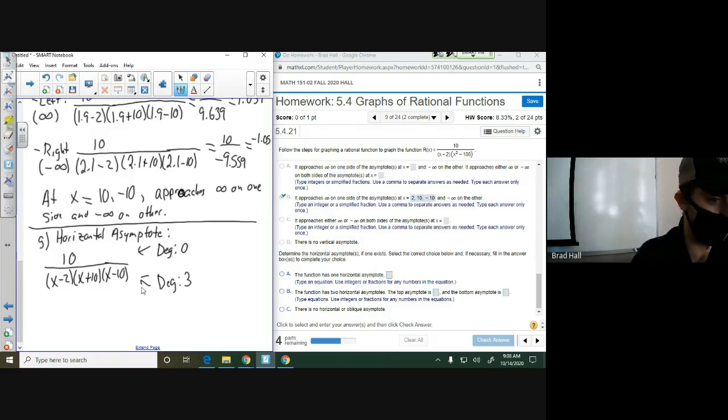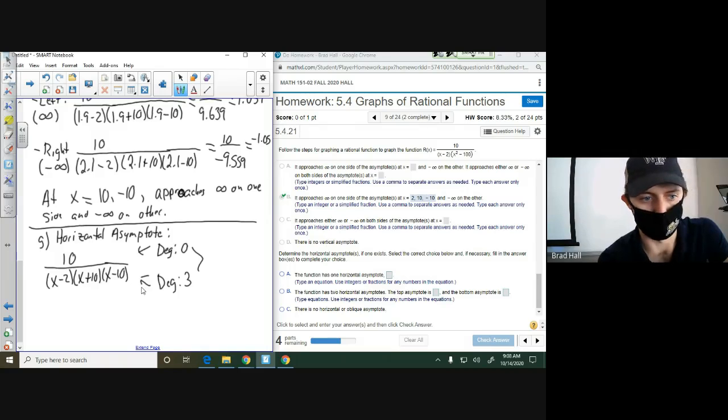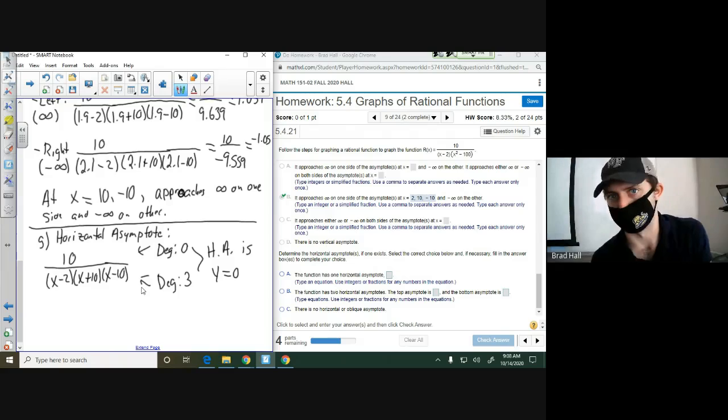So since the degree of the numerator is smaller, we'll go ahead and say that the horizontal asymptote is y is equal to 0. That's whenever the denominator is larger in terms of degree.